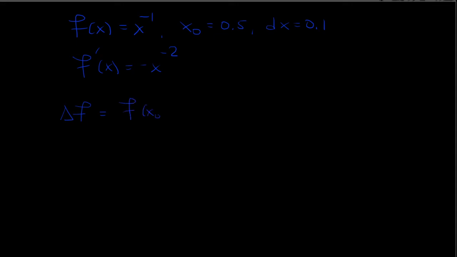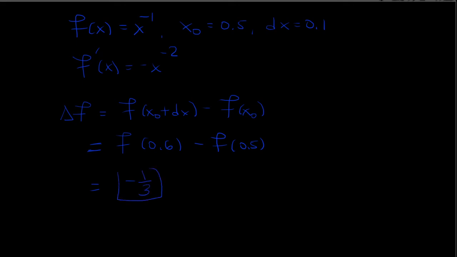So that would be f of x naught plus dx minus f of x naught. So x naught plus dx, that's a half plus 0.1, which is 0.6, minus a half. Plugging this in the calculator, I end up getting negative 1/3 as my change.